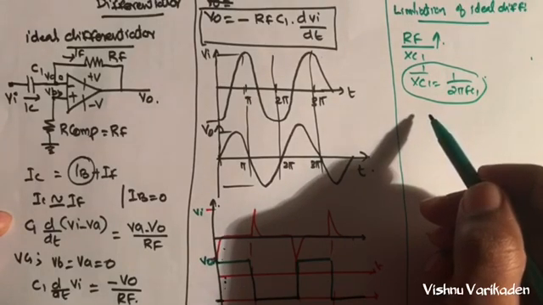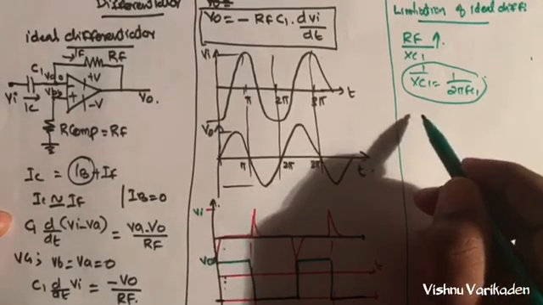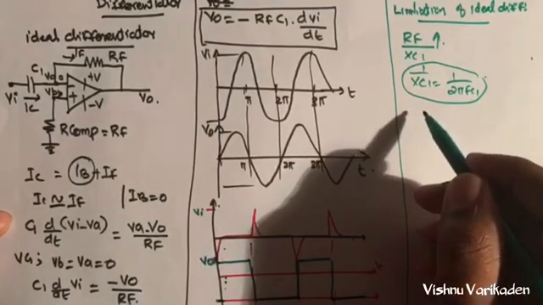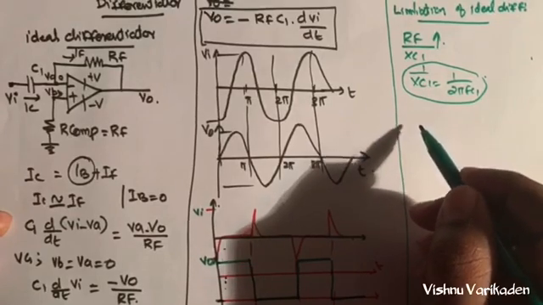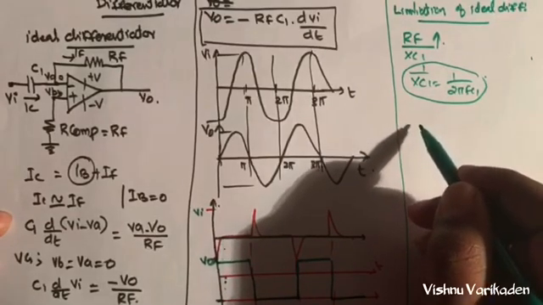So we can predict the limitations of the ideal differentiator in the phasor equation, and we will conclude with the frequency response.